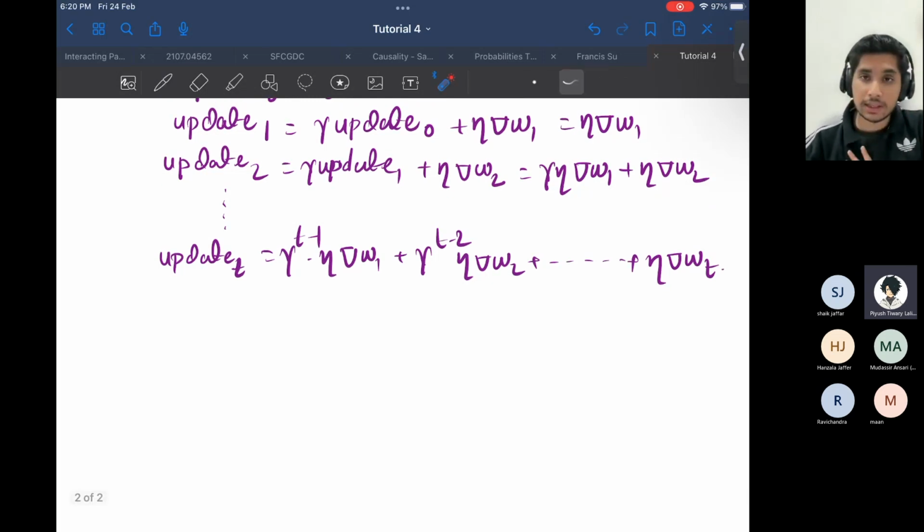So now the picture is a bit clear, right? At time instant t, the update does not only depend on the current gradient, but it also depends on the past gradients. How does it depend on past gradients? This is the formula that should give you the overall picture.